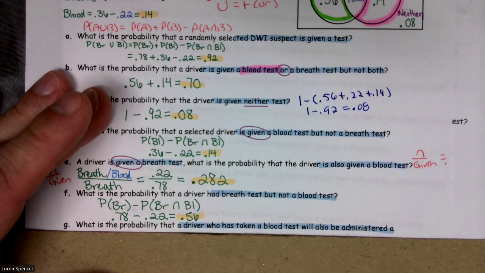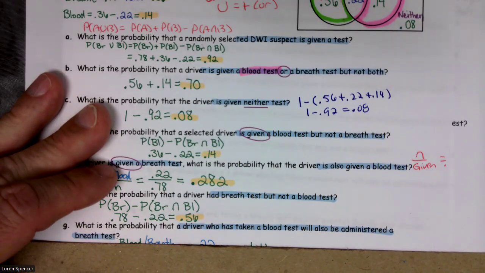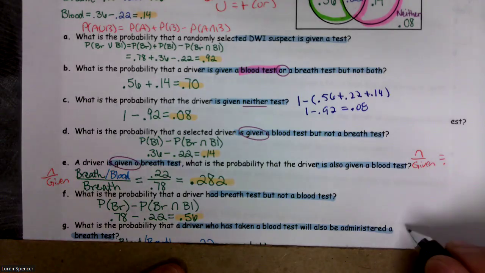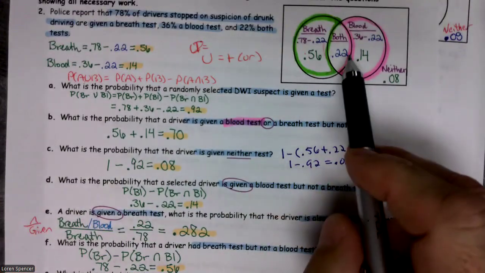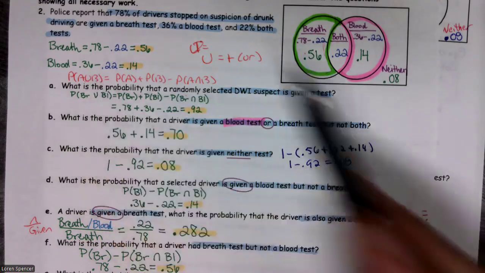What's the probability a driver who has taken a blood test will also be administered a breath test? Okay, so this is again intersection over given. Given that they've had a blood test, what's the probability of a blood test? Probability of a blood test is 0.36.